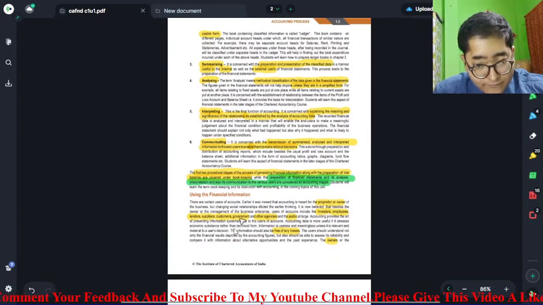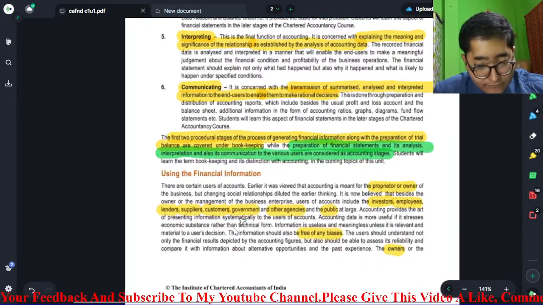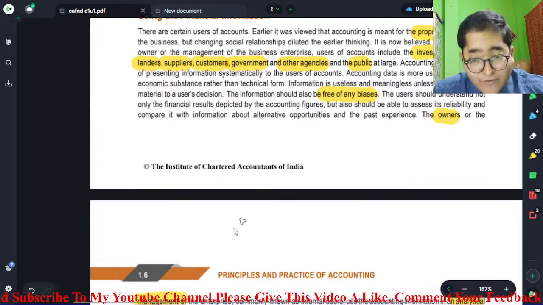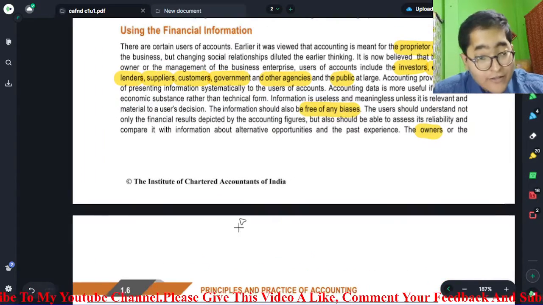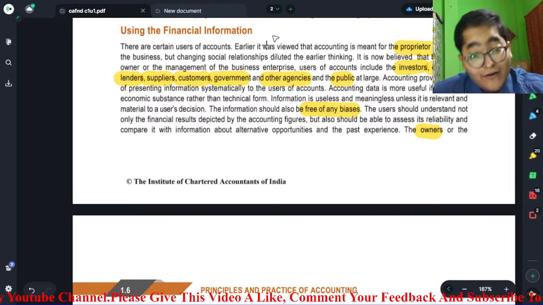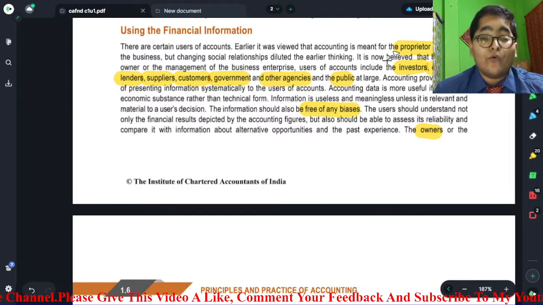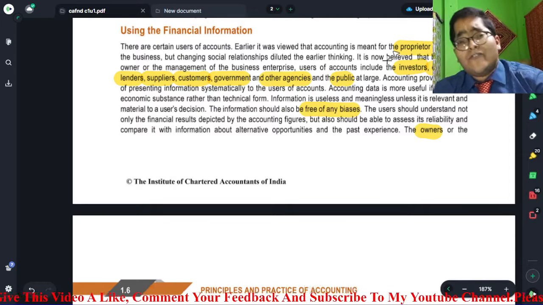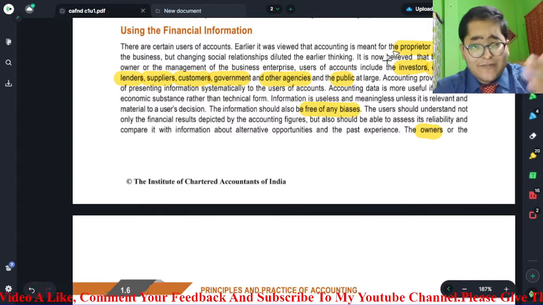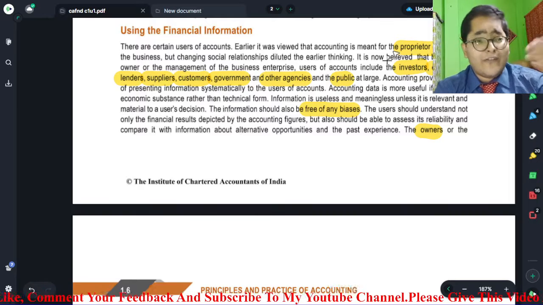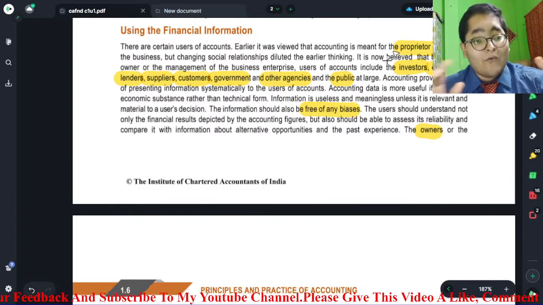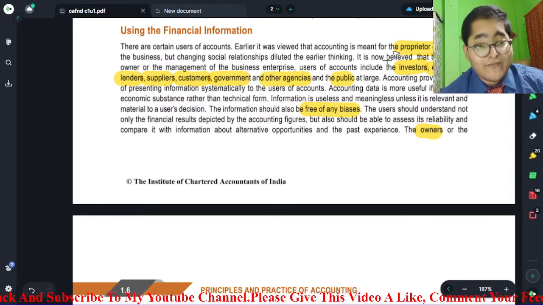Now comes using the financial information. In earlier times, 50 years back, the proprietor or owner was the only user of the financial information, right?